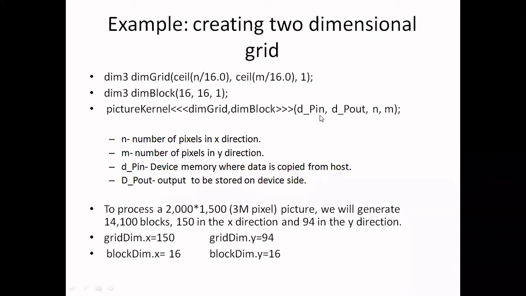Here dp in is the device memory where we keep our data, and dp out is from where we expect the output. So in this kernel, we want to multiply each pixel value by 2. We will see what we will write there.